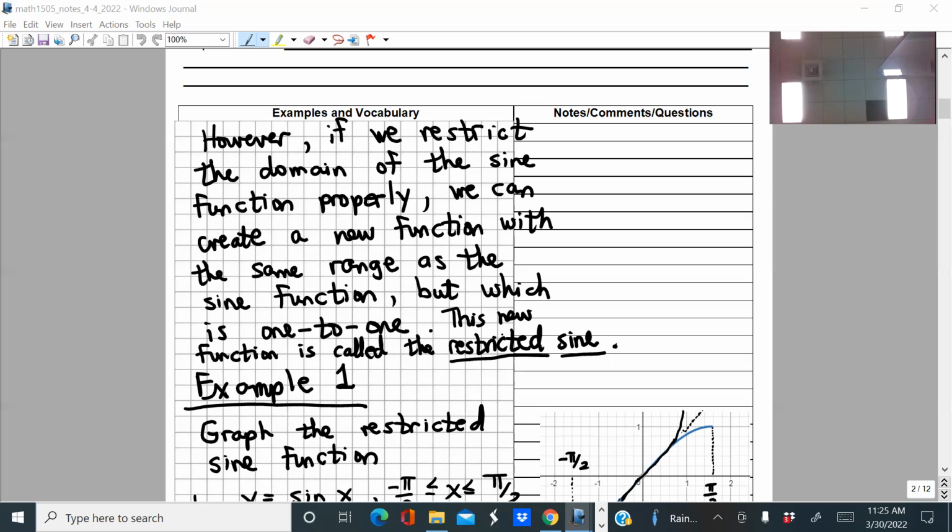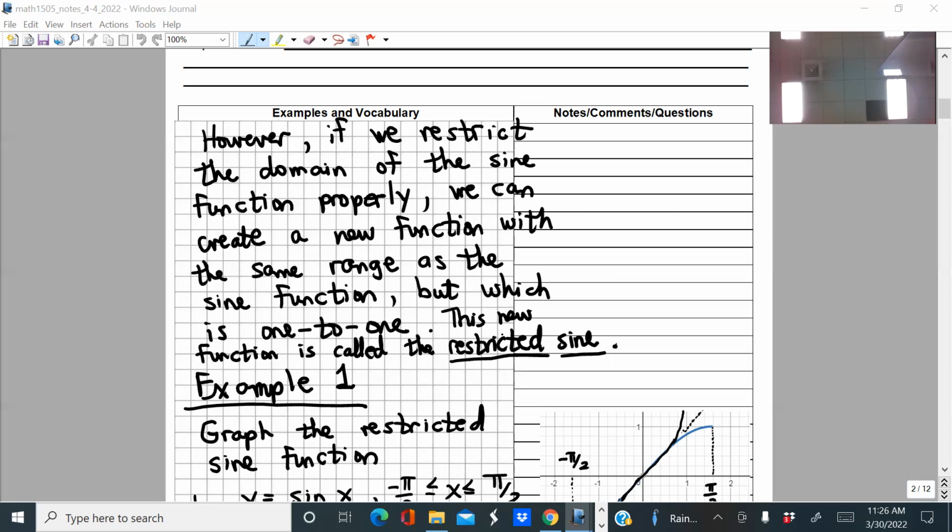Their outputs are the same; you calculate outputs the same way. The only difference is the domain of the restricted sine function is, instead of all real numbers, only minus pi over 2 to pi over 2. So there's not a huge difference between the restricted sine function and the sine function.